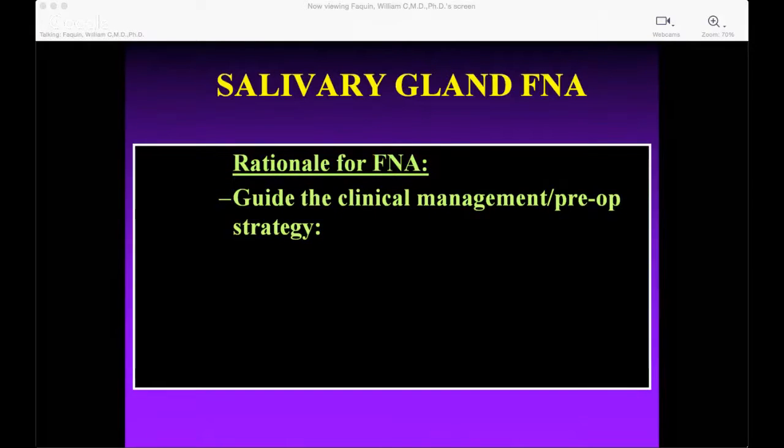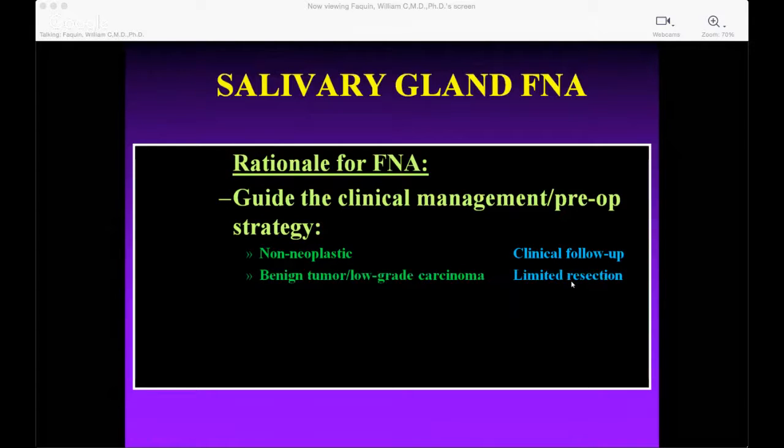So what is the rationale for salivary gland FNA? It can be very helpful for guiding the clinical management and developing a pre-op strategy. So if you do a salivary gland FNA and you call it non-neoplastic, perhaps the patient can avoid surgery and will just get clinical follow-up.